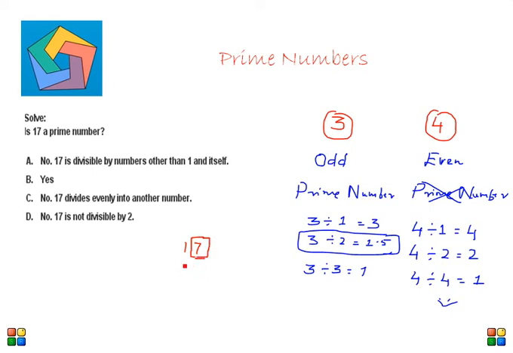So this number 17 is not divisible by 2, and it also has only two factors, because we do not get 17 in any table except the table of 1 and 17. So if we have to check the answer, we will select B, because 17 is a prime number.